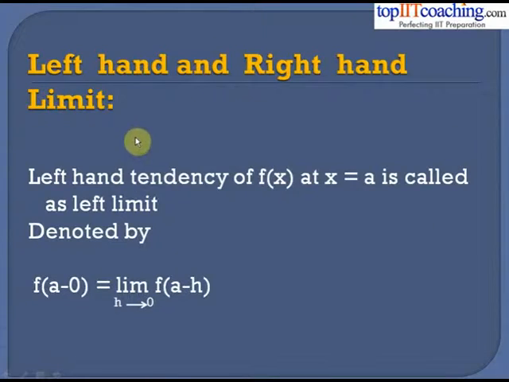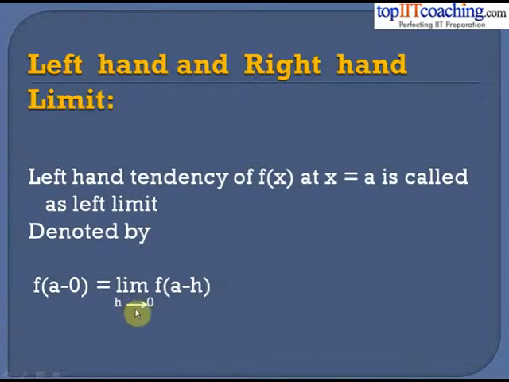Now let's try to understand what the left hand and right hand limits are. The left hand tendency of f(x) at x equal to a is called the left limit, and it is denoted by f of a minus 0 equal to limit h tends to 0 of f of a minus h.